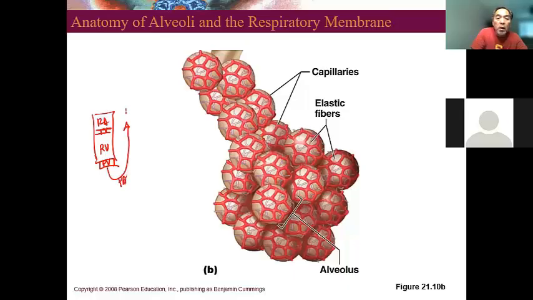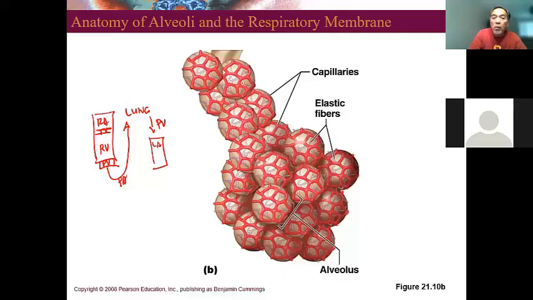The pulmonary artery will go to the lung and wrap around the lung, okay? So in that case, it's unoxygenated. So all these capillaries are actually the pulmonary artery to the lung and then the pulmonary vein to the left atrium, okay? So these are the capillaries of the pulmonary artery and the pulmonary vein.